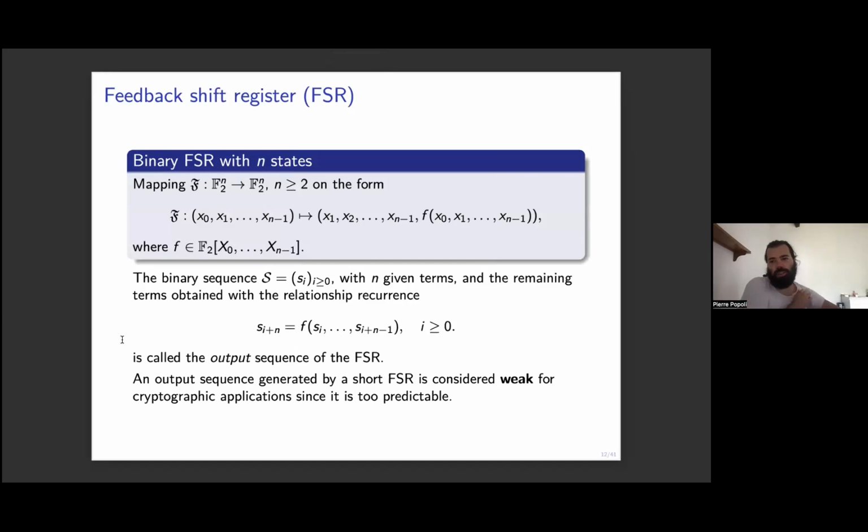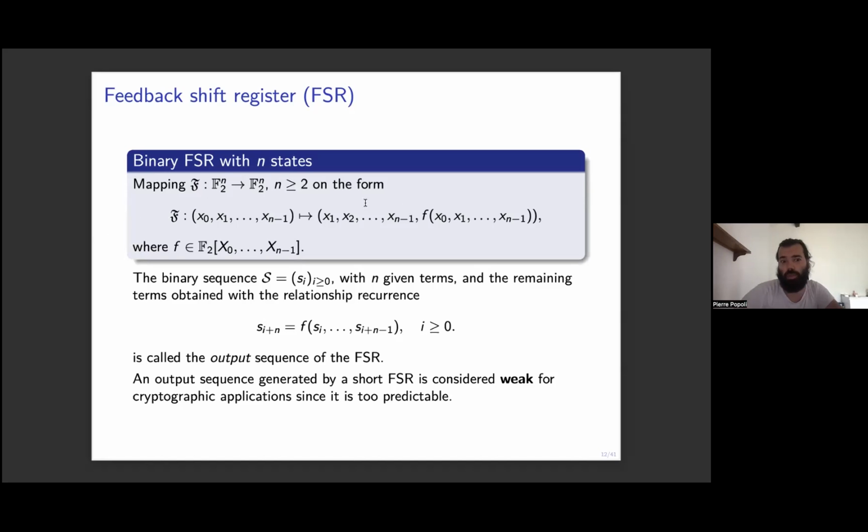The complexity that I study is linked to the feedback shift register. So what is a feedback shift register? It is a map from the binary field, the field of two elements, to the power n into itself, where you shift all the values, and the last one is a polynomial of the first ones.